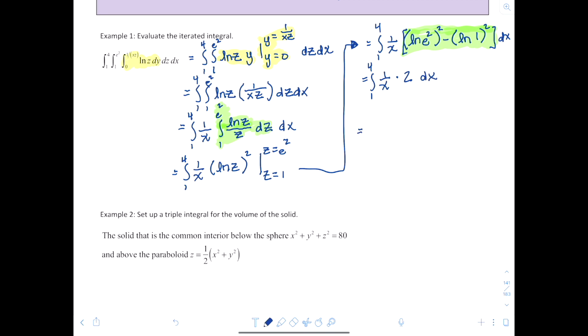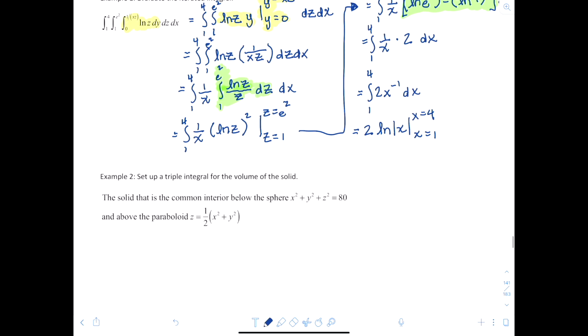So we'll end up with the integral from 1 to 4 of 2 times x to the negative 1 with respect to x. And so that's going to be 2 times natural log at absolute x, and that's going from x equals 1 to x equals 4. And by the way, this is our last integral that we're dealing with.